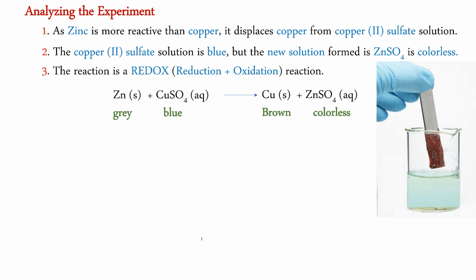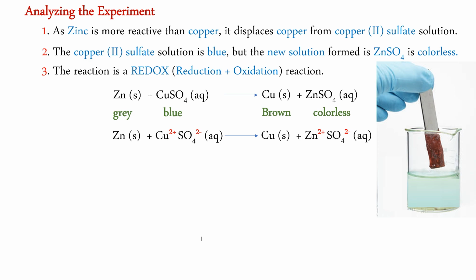Now we're going to write the equation again with charges of the ions. Copper sulfate is an ionic compound, consisting of copper ion and sulfate ion. And zinc sulfate is another ionic compound, consisting of zinc ion and sulfate ion.